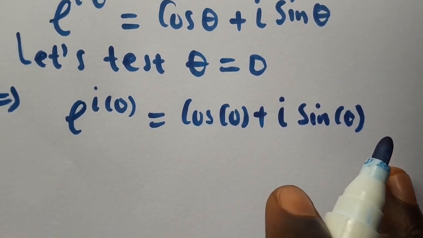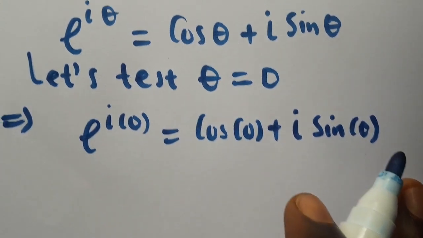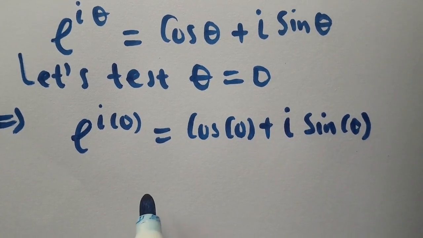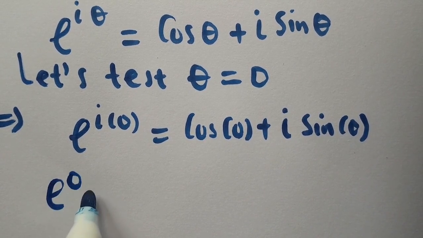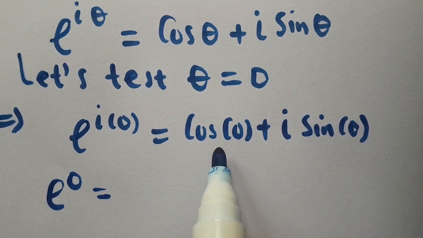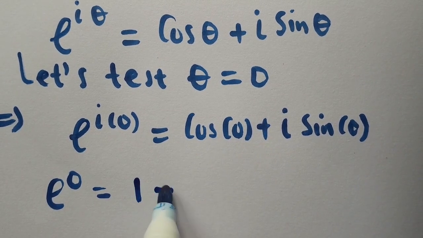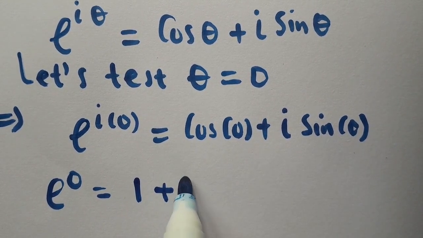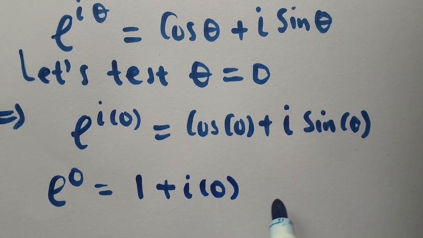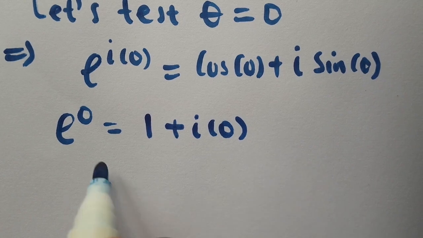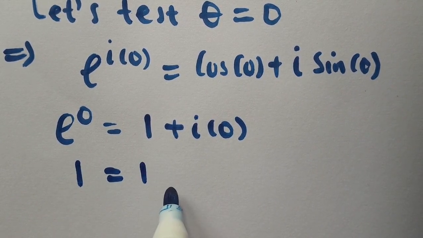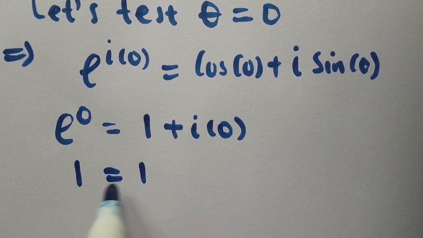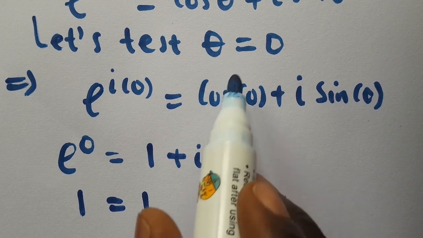Now from the left, e to the power of i times 0 is e to the power of 0, and cos 0 gives us 1 plus i multiplied by sine 0, which gives us 0. Any number raised to power 0 is 1, so the left equals the right equals 1. So this is true for theta equals 0.